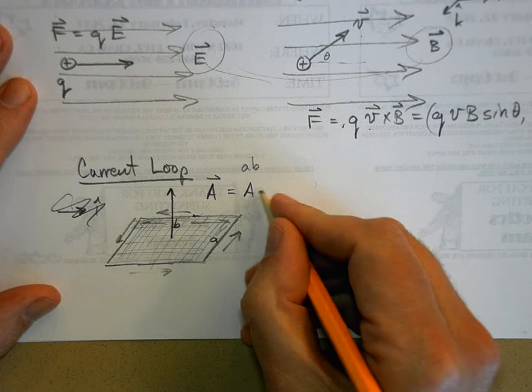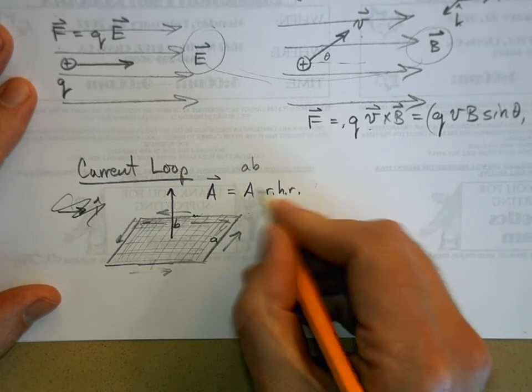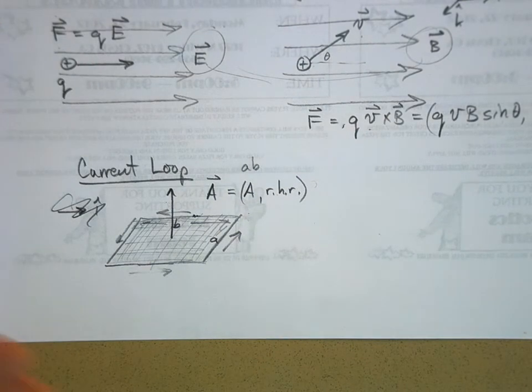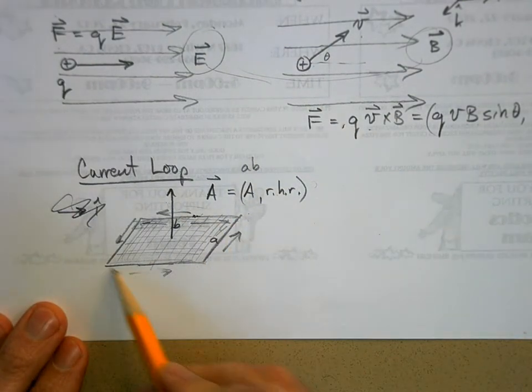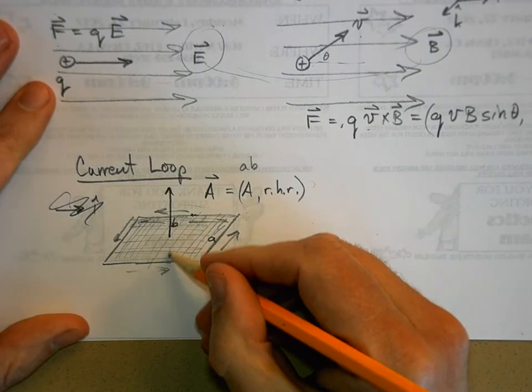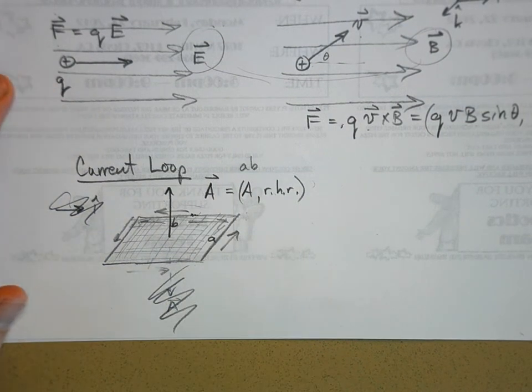But anyway, it's the area, and then use the right-hand rule to figure out the direction of that area vector. The right-hand rule is you circulate your fingers in the direction of the current. We needed a way to say, well, because we could have put the area down here, right? But no, we're not going to do that. So there you go. There's a current carrying loop.